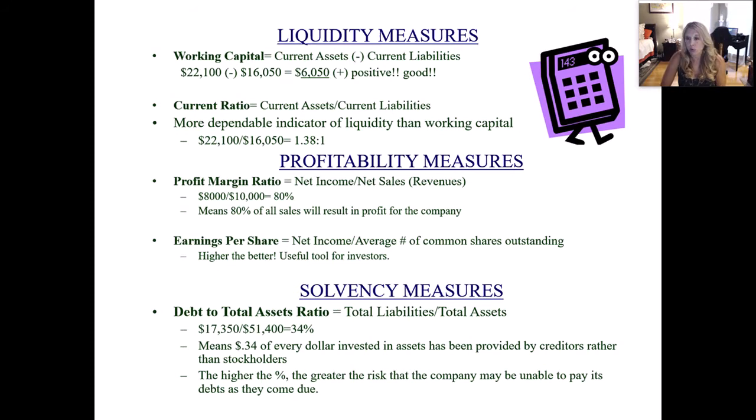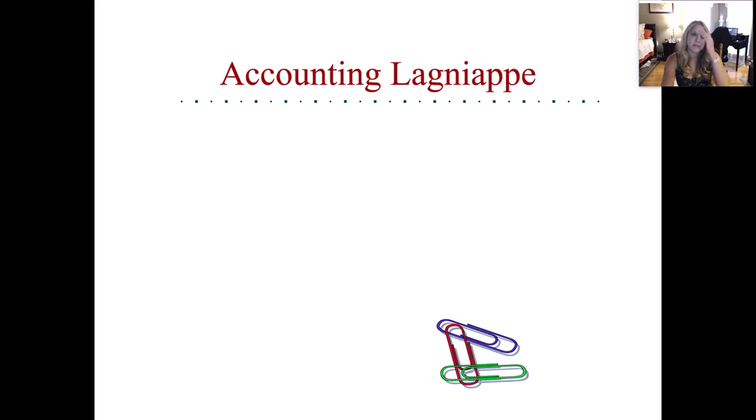So you want this ratio to be low. The lower the better. It means that 34 cents of every dollar invested in assets has been provided by your creditors rather than your stockholders. If it starts getting too high, it could be a risk that the company might not be able to pay its debt as it comes due.